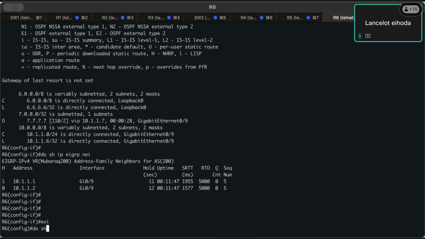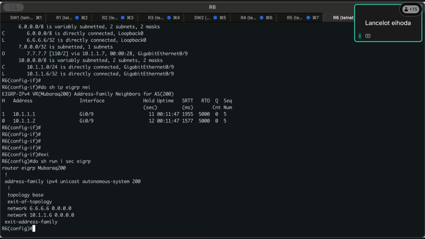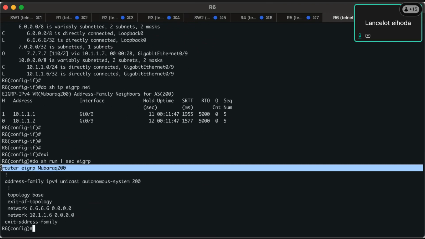So do show run pipe to section EIGRP. Unlike classic EIGRP, because you are doing named EIGRP, you actually need to go under that process in EIGRP to be able to do redistribution. So let's do this.